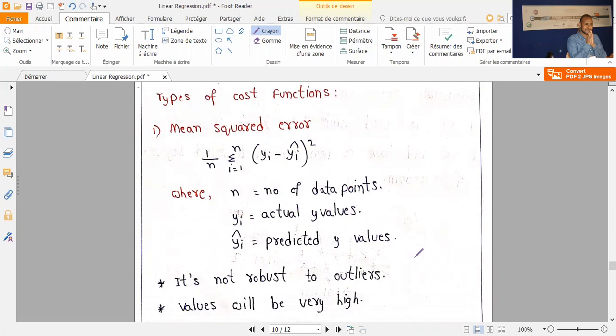But what is the disadvantage of this cost function? It is not robust to outliers. The outliers are simply the values we can have at the extremes of the range.